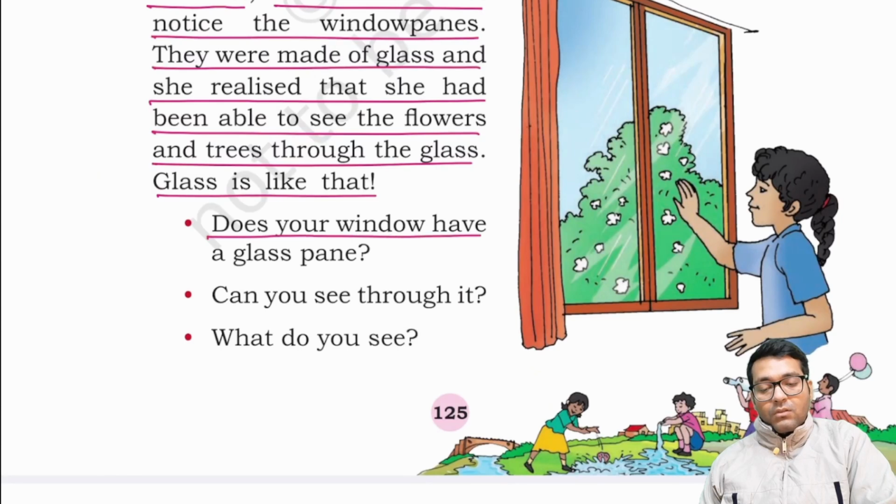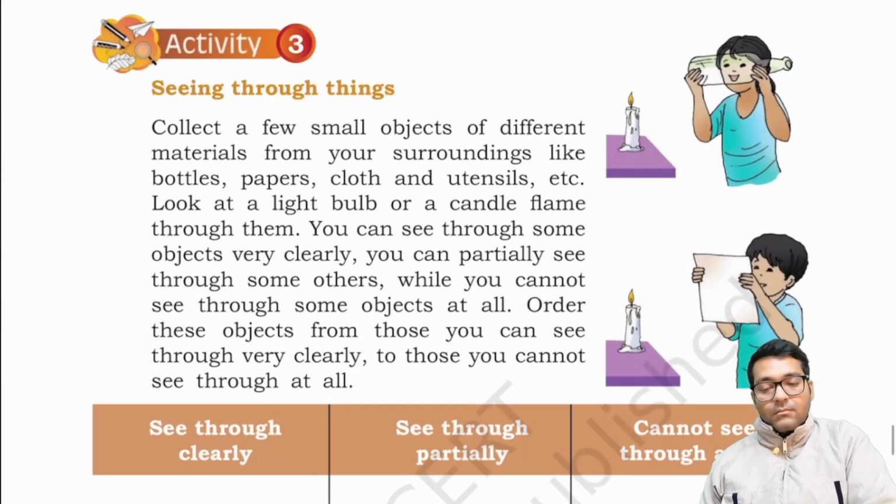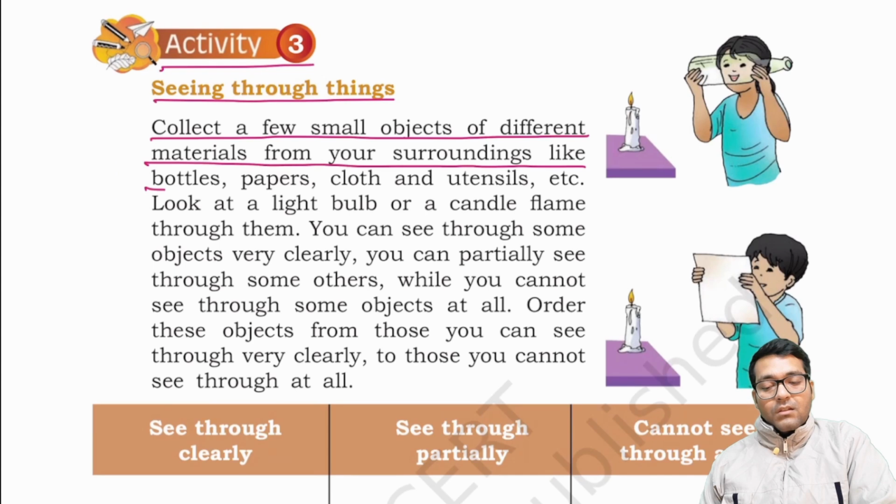Does your window have a glass pane? Can you see through it? What do you see? Activity 3. Seeing through things. Collect a few small objects of different materials from your surroundings like bottles, papers, cloth and utensils, etc. Look at a light bulb or a candle flame through them.